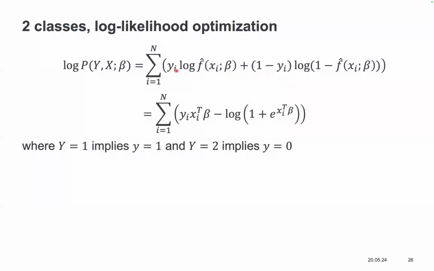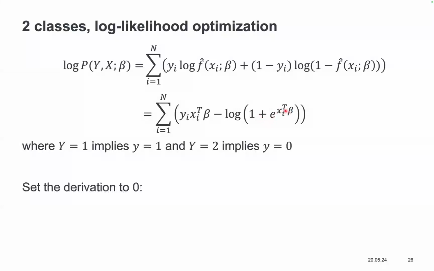We have a certain probability that our model predicts. This is this one here. And we have the remaining probability that our model predicts as described here. And this term can now be simplified to be this term, the linear component times the probability that is described in our label data set, minus the logarithm of 1 plus e to the x transpose beta.